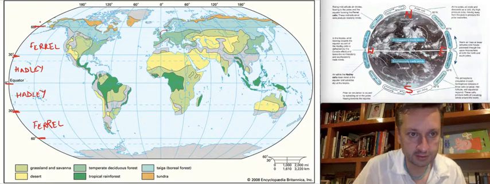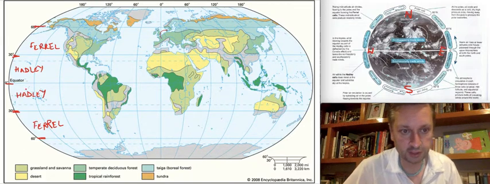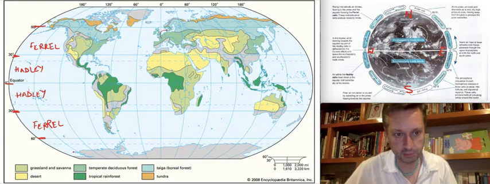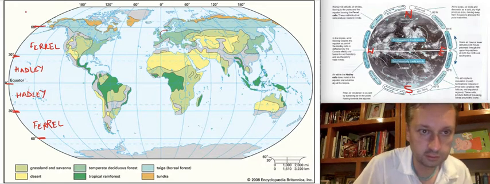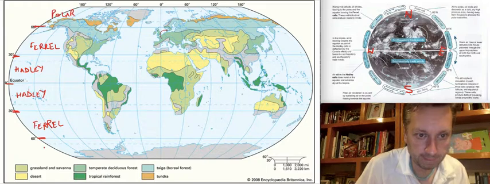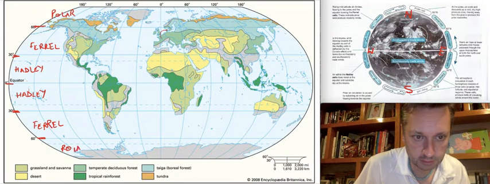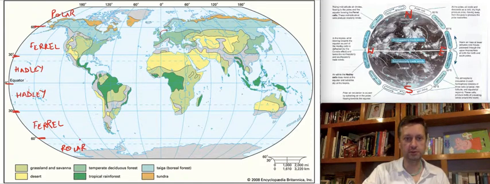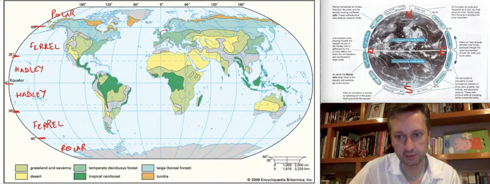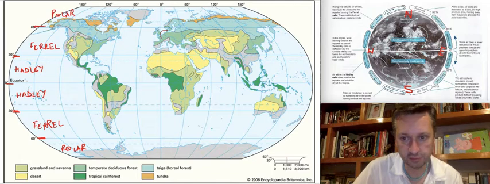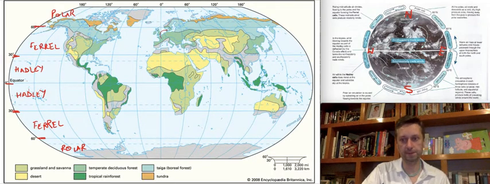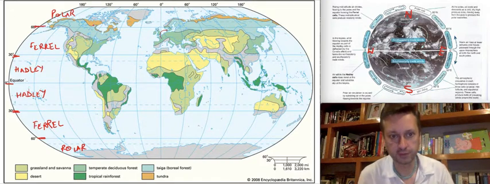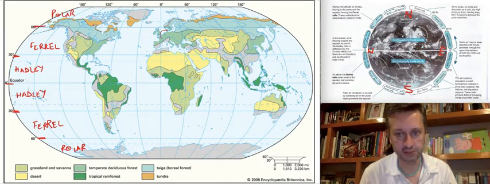And then above 60 degrees north and below 60 degrees south, you go to the polar cells. Polar and polar. I should say polar. You go to conditions where you go from temperate forest to taiga forest to polar desert conditions. All right, hopefully that makes sense.